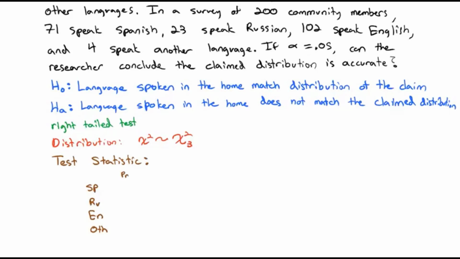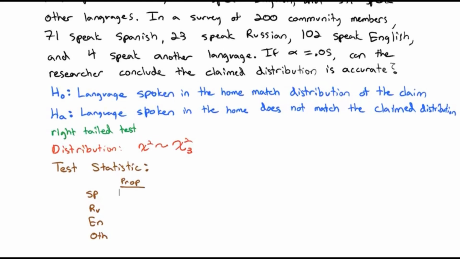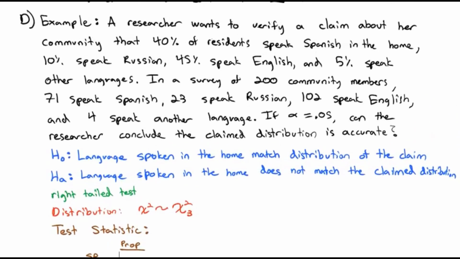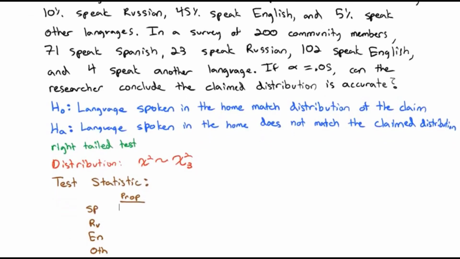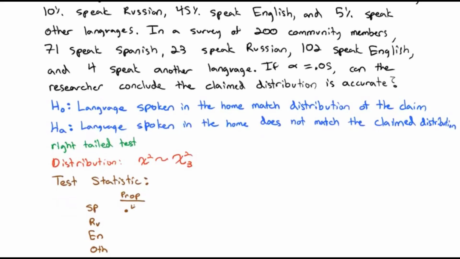The claimed proportion, can't get it all on one page here, but we've got 40% with Spanish, 10% with Russian. So Spanish is 0.4, Russian's 0.1, English 45%, 0.45, others 5%, 0.05.